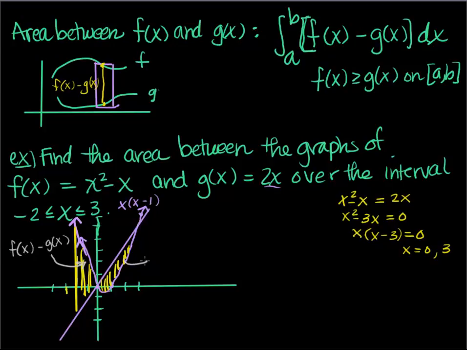But on this side, what do you notice? This line right here is the one that is larger than the other one. So I'm actually going to have g of x minus f of x on this side. I'm going to set up these definite integrals for you, and then I'm going to let you go ahead and evaluate them. I'm going to get rid of this so I have some room.